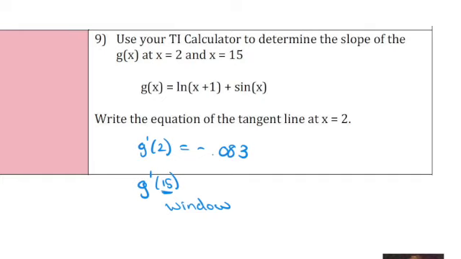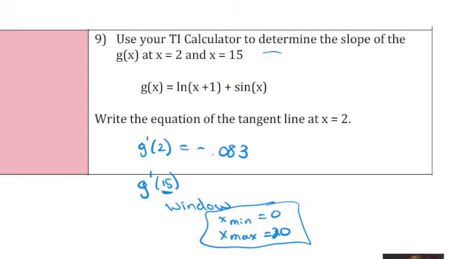So you needed to change your x values to go from the minimum, perhaps you chose 0, maybe you chose your x max to equal 15, or excuse me, to equal 20. Then it doesn't matter what your y values are, but your x values had to be between 0 and 20 in order to encompass the 15. Once you do that, you should be just fine with finding your derivative.